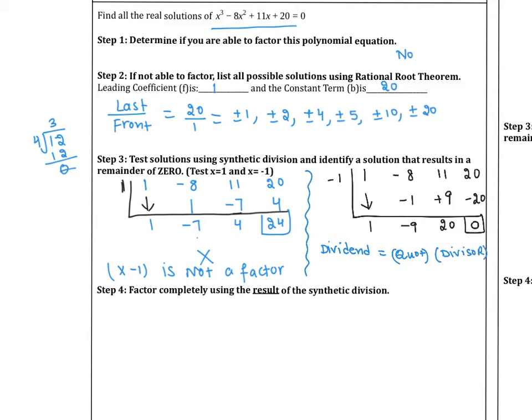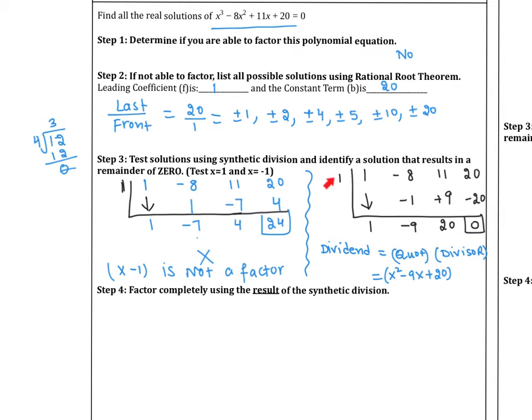Now in this case the quotient is this one starting from x squared, so that's going to be x squared minus 9x plus 20. So the quotient is x squared minus 9x plus 20, and then the divisor is this number.